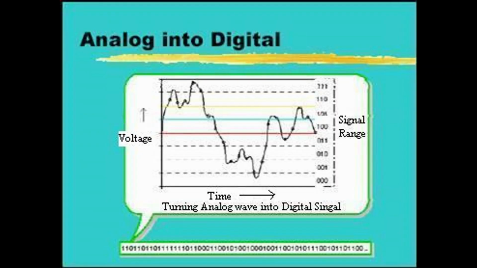If you want to convert analog signals into digital form, then the analog signal contains voltage, so we have to represent the information in terms of voltage and time, in the time domain, so that we can calculate the discrete values.